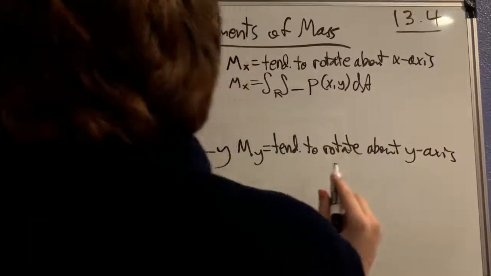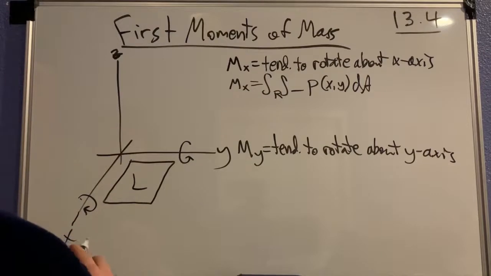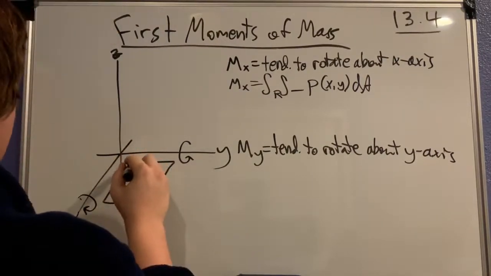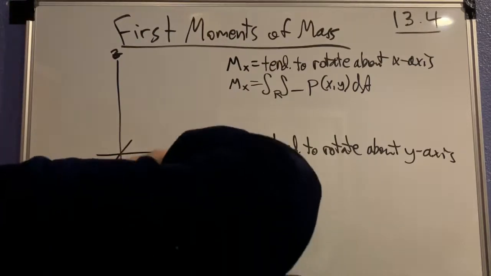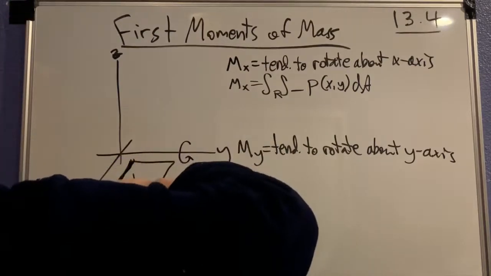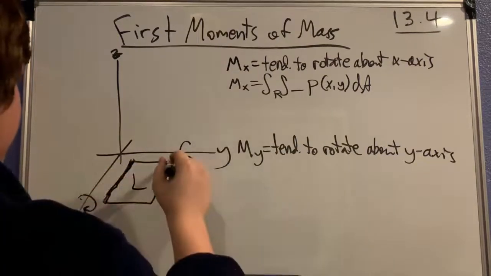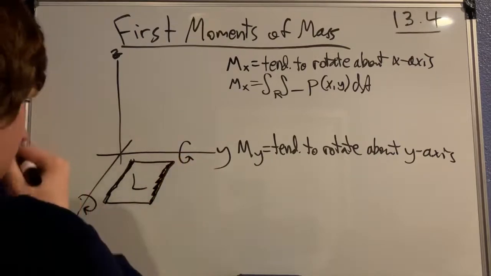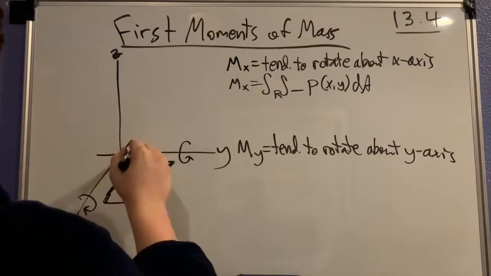Now, the tendency to rotate about the x-axis, if you think about it, if most of the mass is concentrated here, it will be a lot harder for this lamina, or this region, to rotate about the x-axis than if the mass was concentrated right here. Now, if you think about it, what are these little slivers? Well, they're y-values.